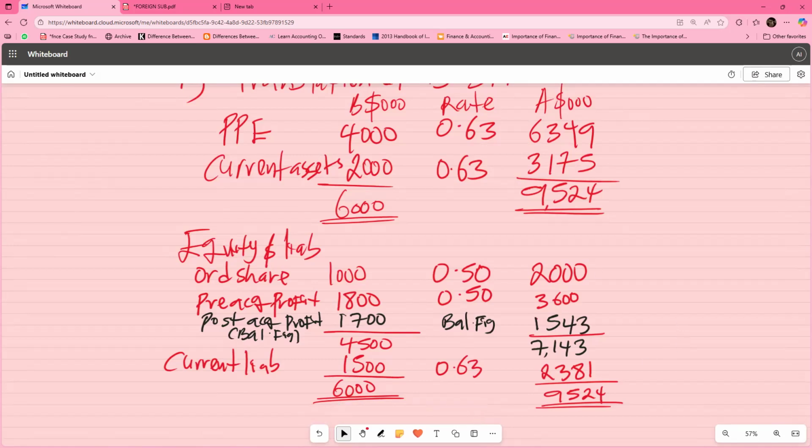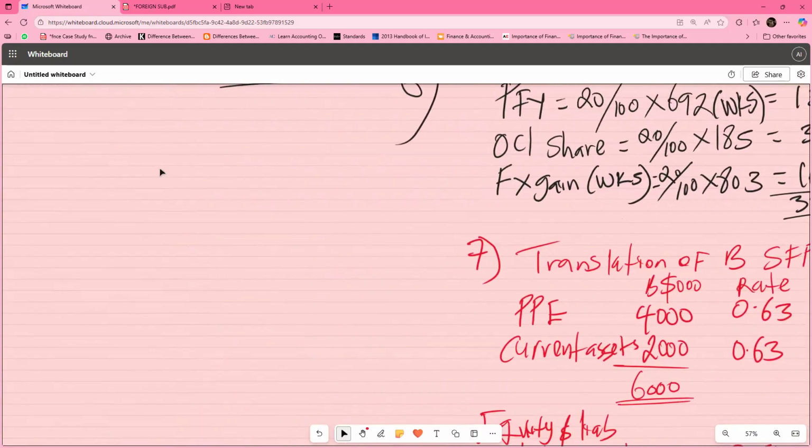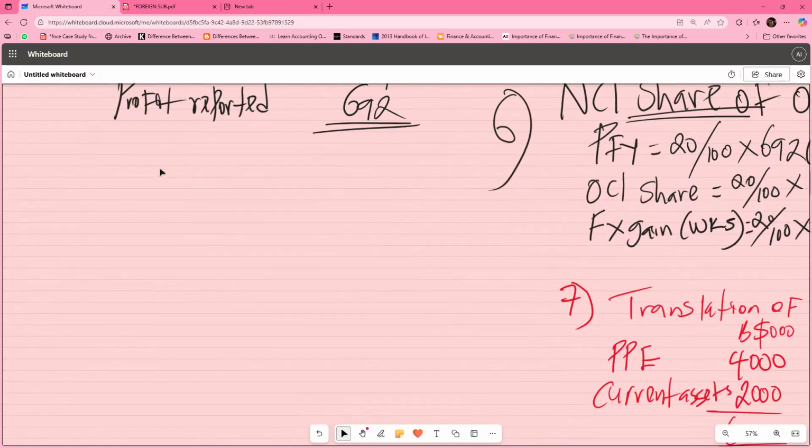So the next thing we need to do is our NCI, directly from this particular part. So this is my working 7, and I can do working 8 here.